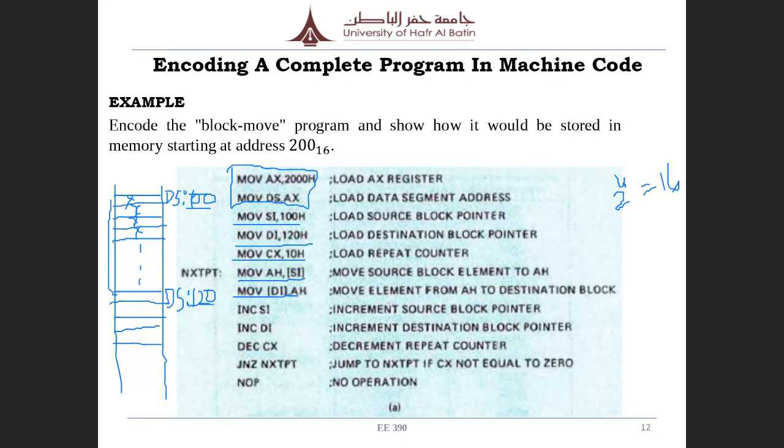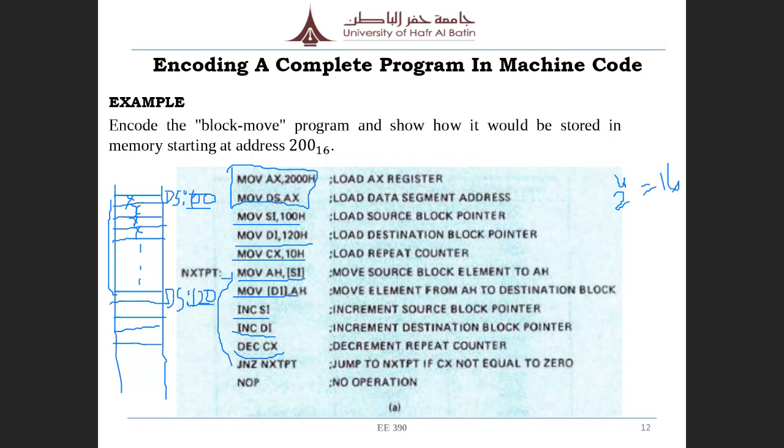We increment SI and DI, and decrement the counter CX. If it is not 0, we repeat. It repeats as many times as the counter value, 16.